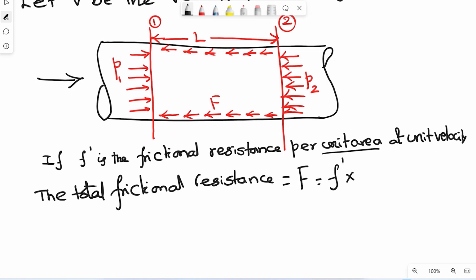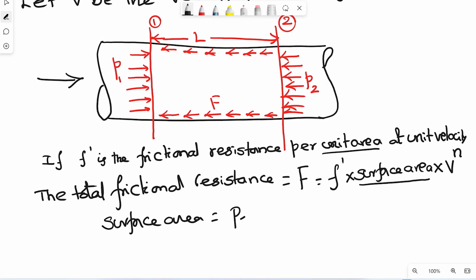So what is the area? Area is nothing but the surface area into velocity to the power of n. First thing is, what is this surface area? When flow is taking place through the pipe, if you are considering these 1 and 2 sections, the flow between these two sections, what is the surface area? Surface area is nothing but the perimeter.